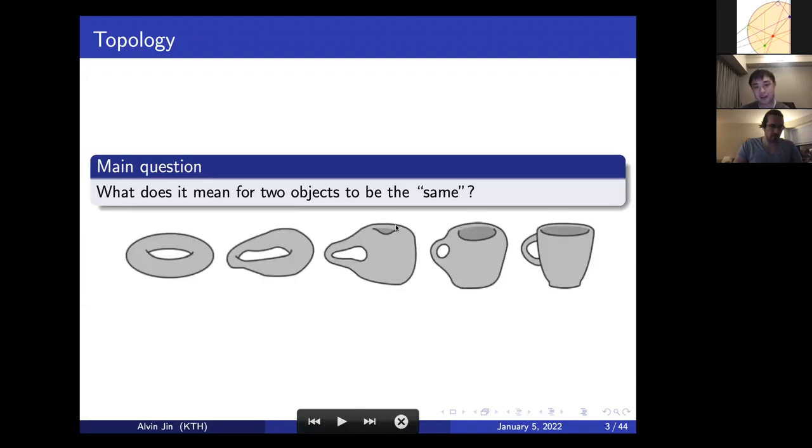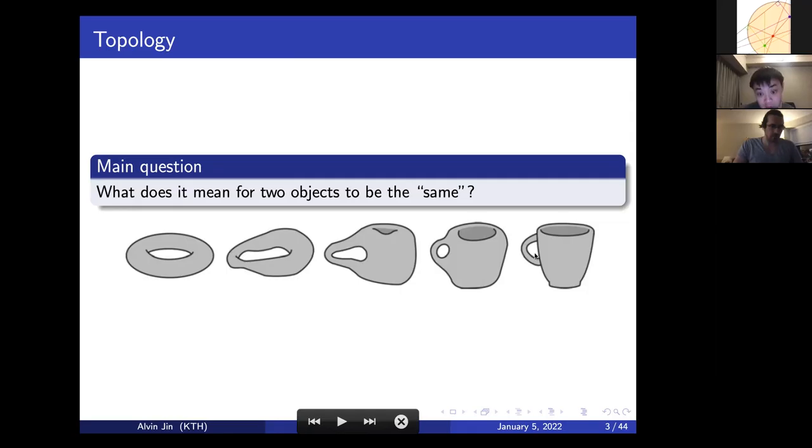So the first question you can ask is, what does it mean for two objects to be the same? In topology, they study these things called homeomorphisms, but really it just means that two objects are the same if you can deform them smoothly from one form to another.